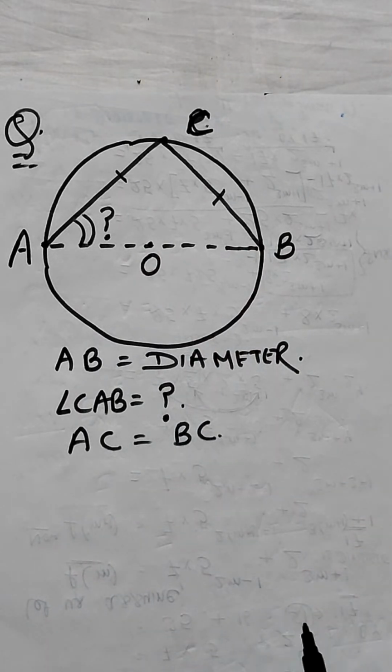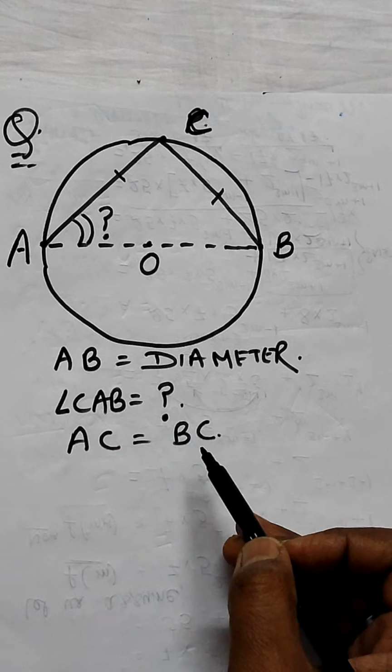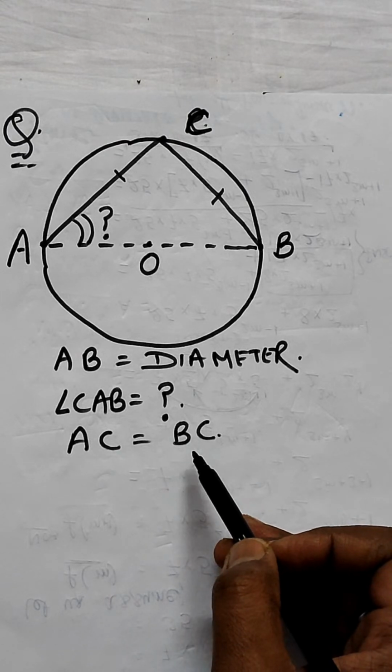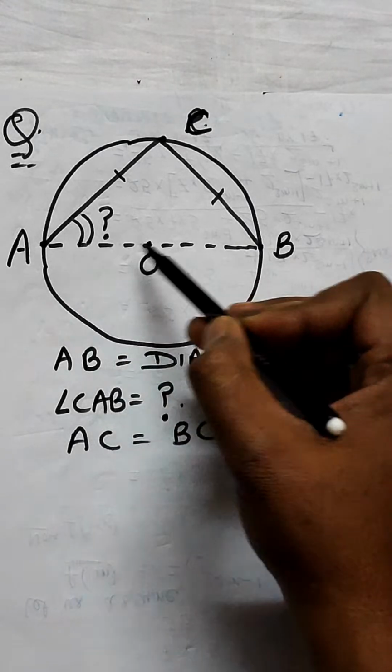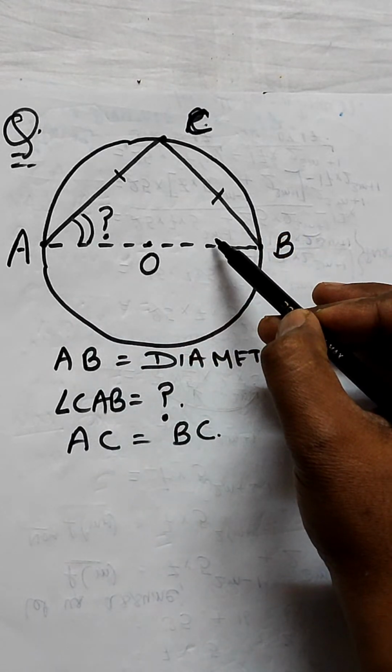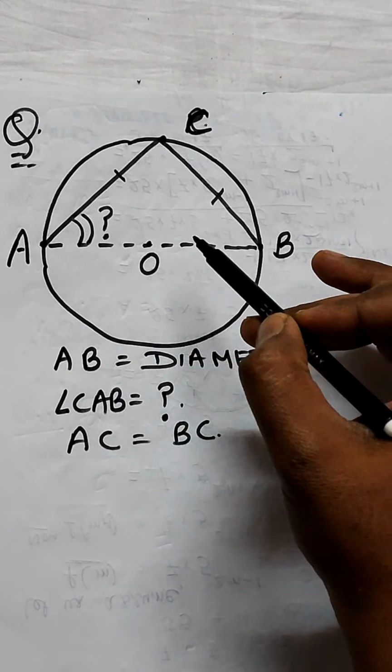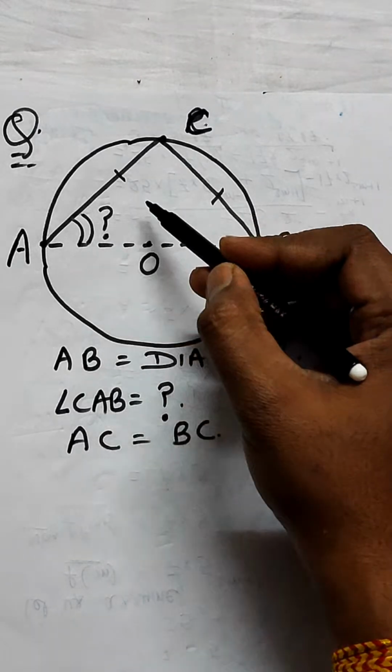So students, in such questions, just see the data given in the question. It's given that AC is equal to BC. ABC is a triangle, though this triangle is inside a circle, but this is a triangle.